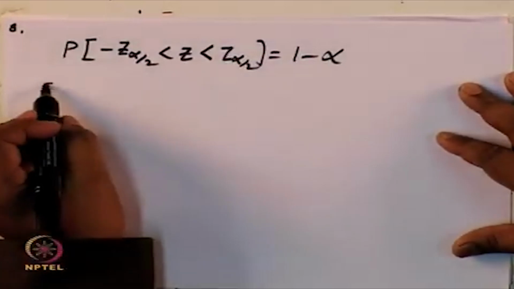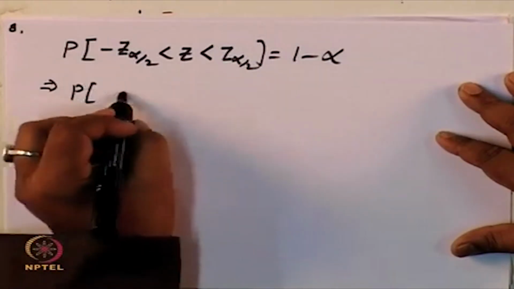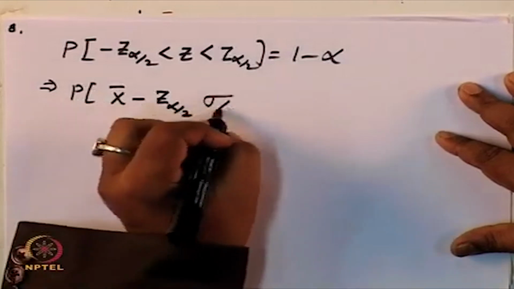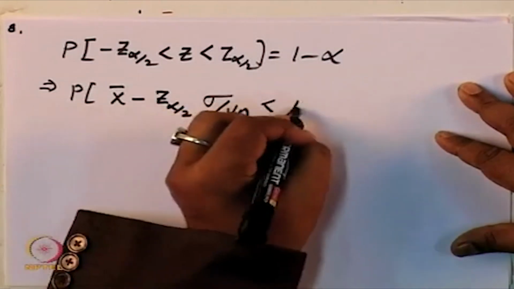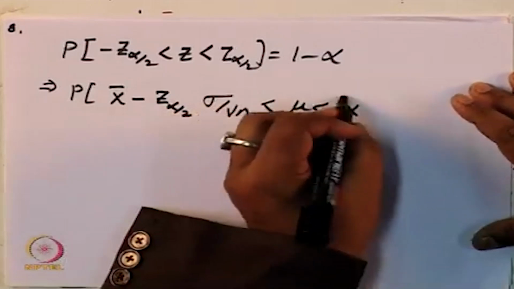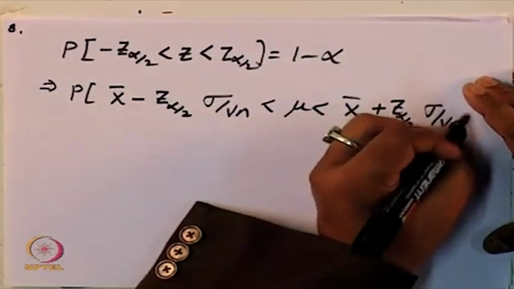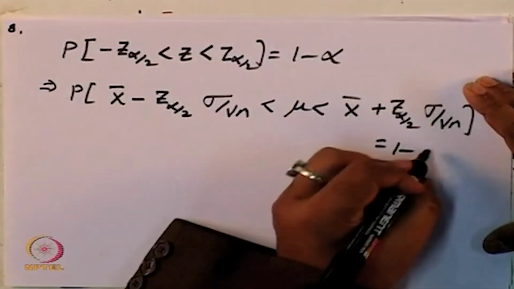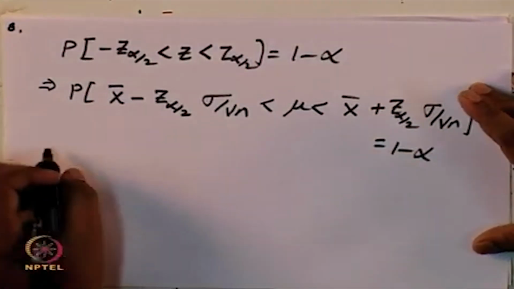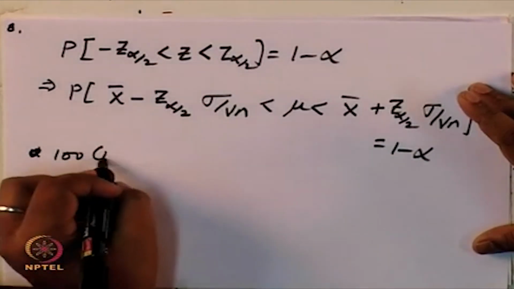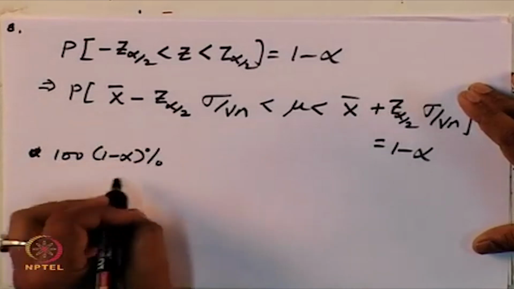And from this equation we can again write x bar minus z alpha by 2 into sigma by root n less than mu less than x bar plus z alpha by 2 into sigma by root n is equal to 1 minus alpha. Okay. So, 100 into (1 minus alpha) is the confidence interval.